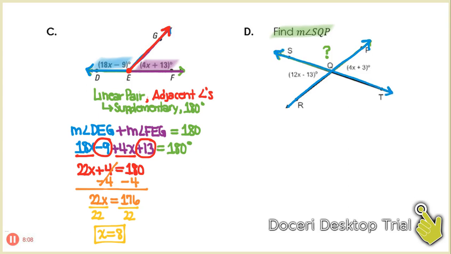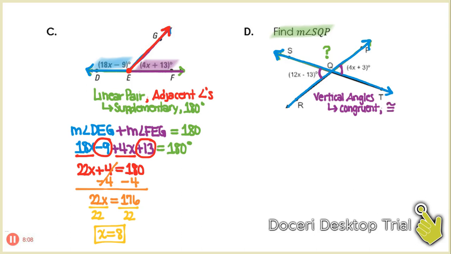And when we have two intersecting lines, we do know that the angles across from each other are called vertical angles. So these are vertical angles. And what we know about vertical angles is that they are congruent. That means they measure the exact same.